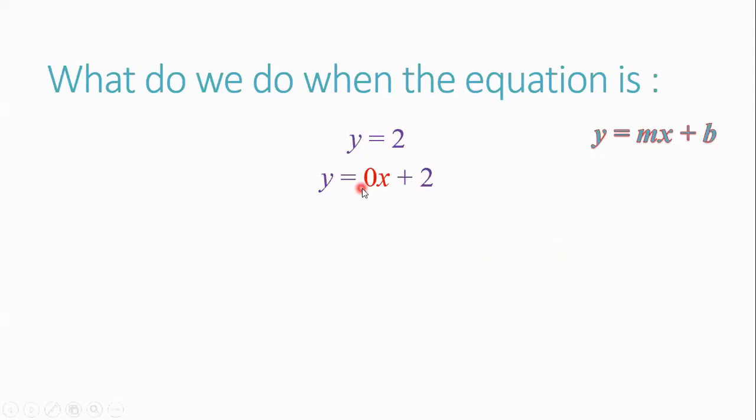And because we know 0 times anything is still going to give me 0, that makes this statement true. If I simplify this particular line, it would eliminate the x, because 0 times x is 0. And when you simplify, 0 plus 2 is still going to be 2.